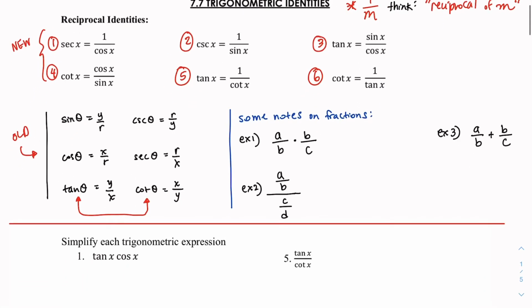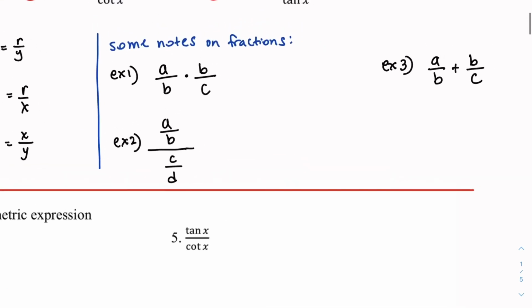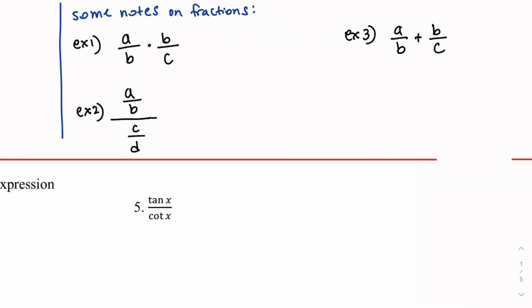Now, before we move on to our actual problems here, let's do a quick note on fractions. And I'll make this quick because most of us know these already. If I have a over b times b over c, I can simply cancel my common factors on the numerator and denominator and find that the answer is just a over c.